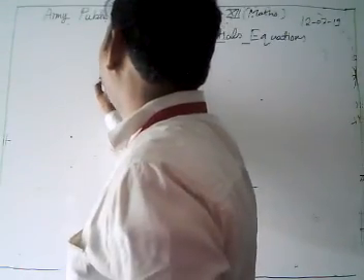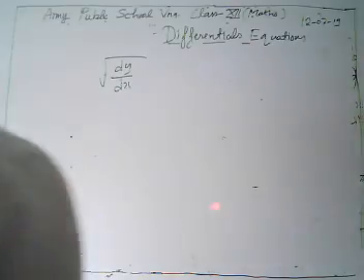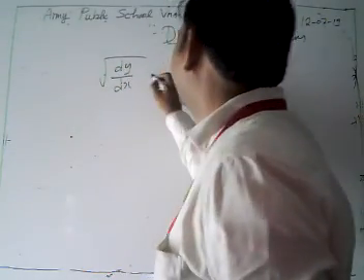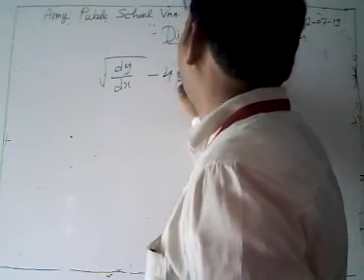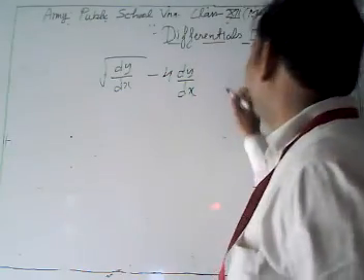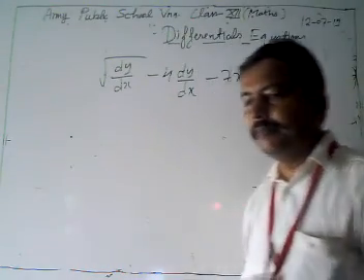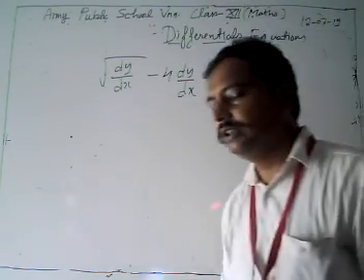Find the order and degree of the differential equation: square root of dy/dx minus 4 dy/dx minus 7x equals 0. Now we have one example here, and we have to find its order and degree.